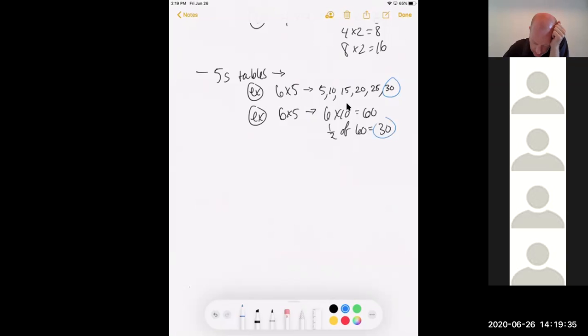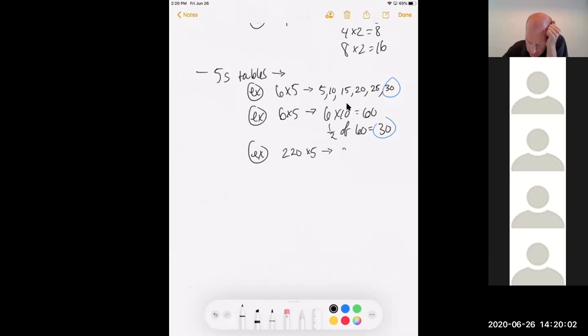Okay, here's another one just for fun, because we like having fun with these things. We can even expand it to anything, like 220 times 5. The 5 trick will work for anything, not just single digits.